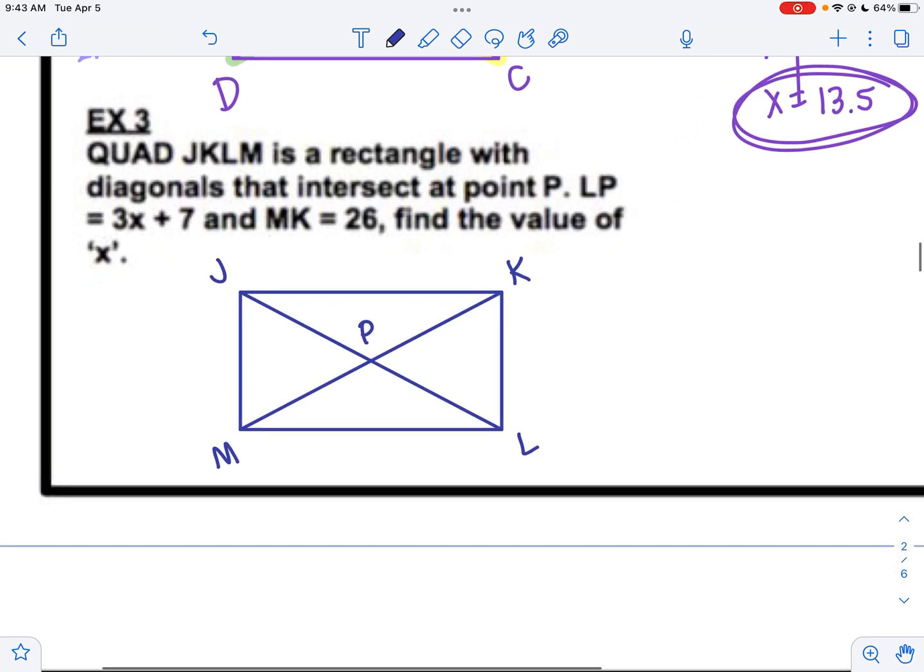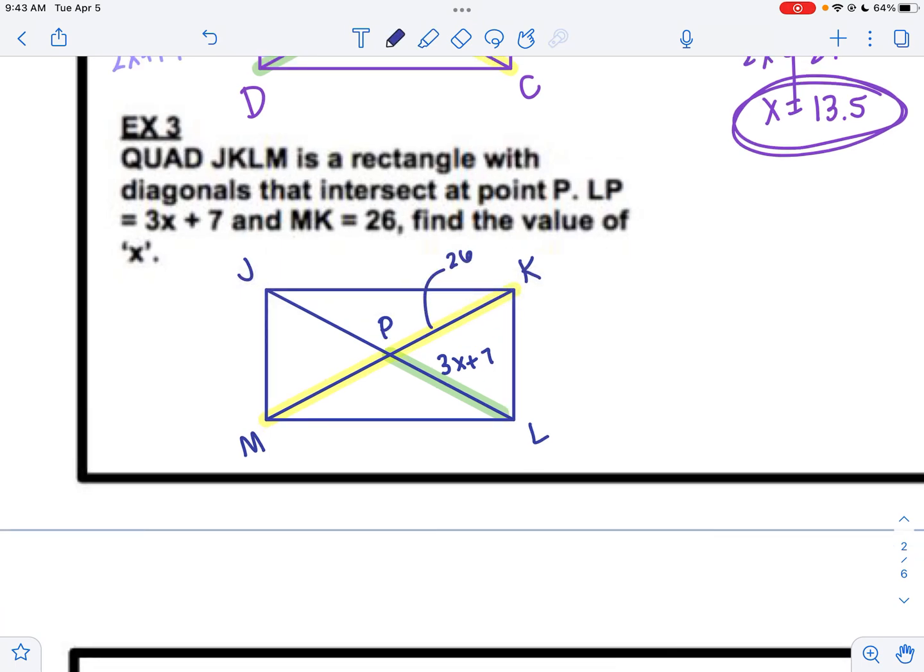Okay, they told me that LP, so this piece right here, is 3x plus 7. And I know that MK, I know that this full piece is 26. So this one's very, very similar to the last one, but because this is 26, I can easily cut 26 in half.